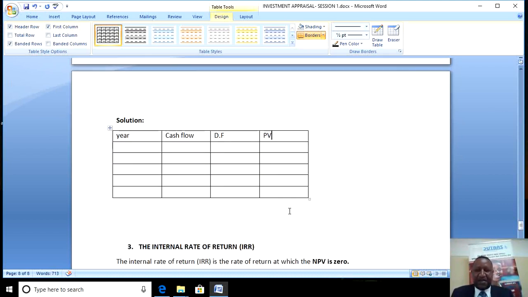Under the discounting method, we were converting the future values into the present values. And how did we do that? We multiplied the future cash flows by the discounting factor to bring them into the present values. That's what we are doing here as well. To calculate the present value, multiply the future cash flow by the discounting factor.